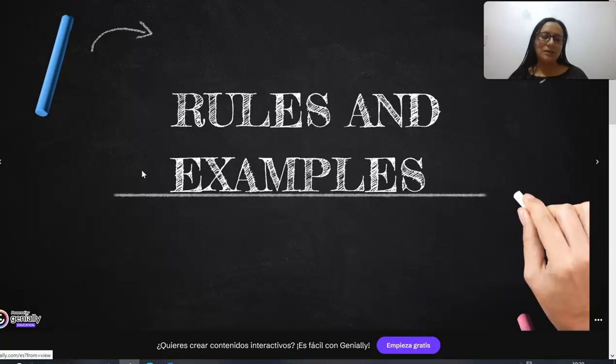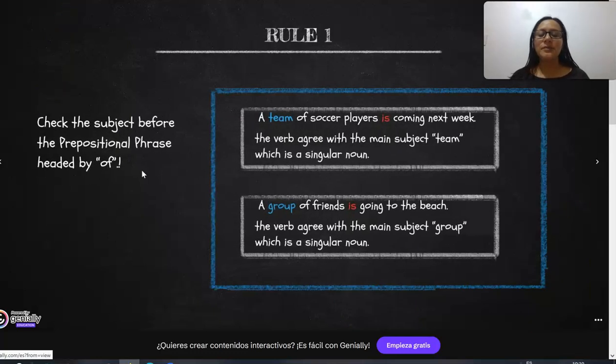Rules and examples. Rule number 1. Check the subject before the prepositional phrase headed by of. For example, I have of here, and then we have soccer players, which is plural, but we have a team, which is before the of, and this is singular, so that's why I use the verb in singular.